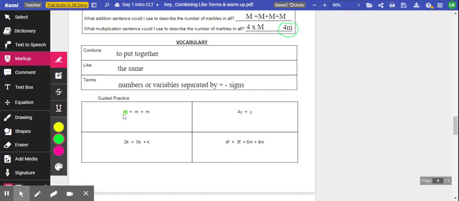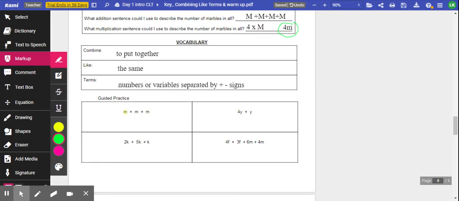So this first here, this is one term, including this plus sign in front of it. Here's another term. And finally here is a third term. So 1, 2, 3 terms in this one. Okay. All right, I'm going to get rid of those because there's something else we're going to do with them.